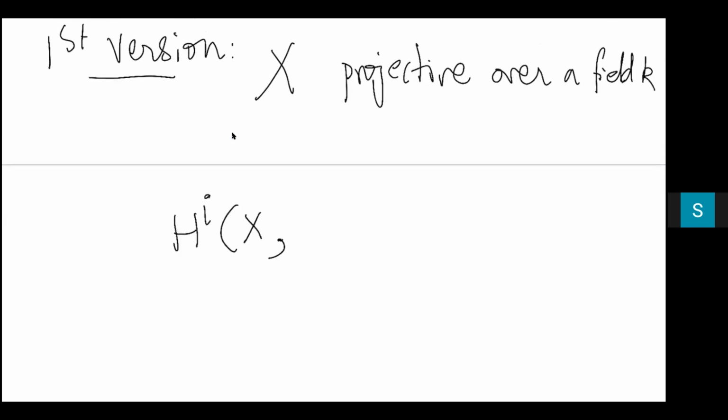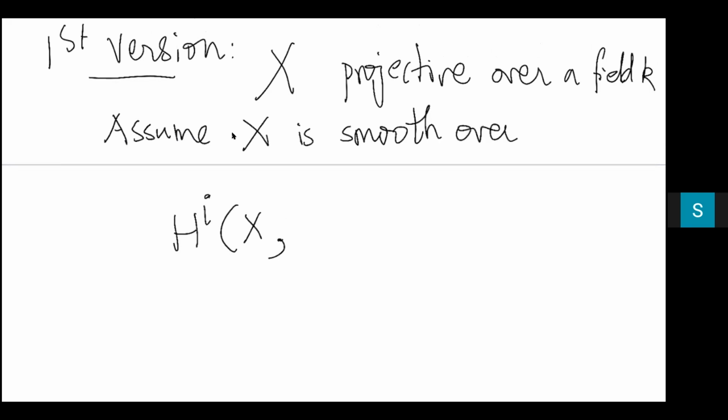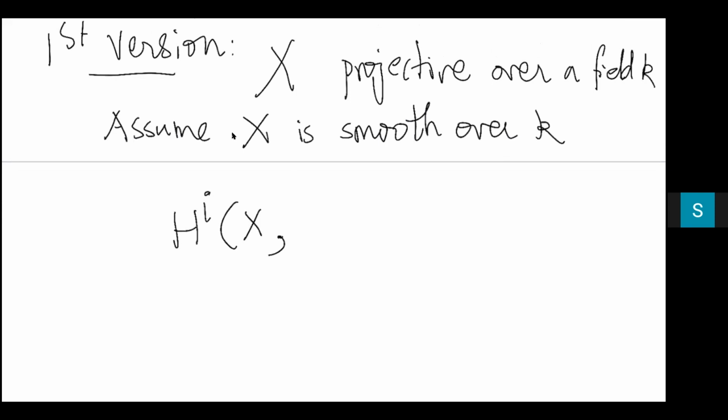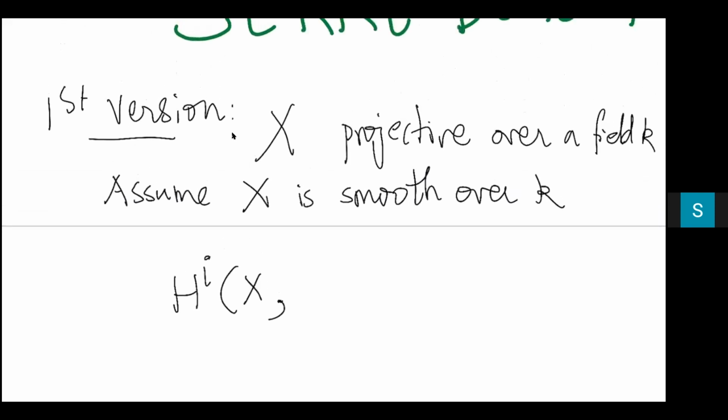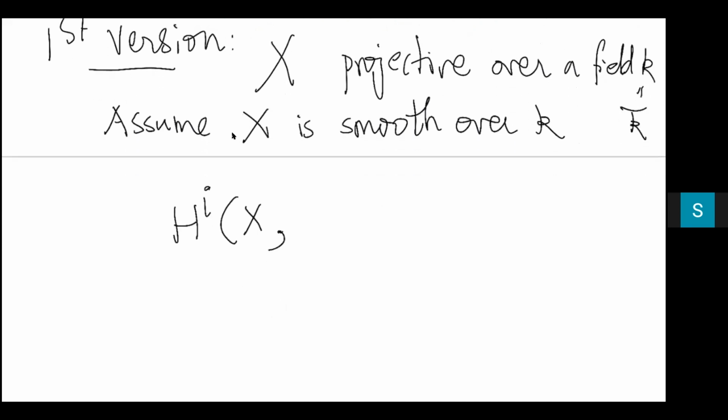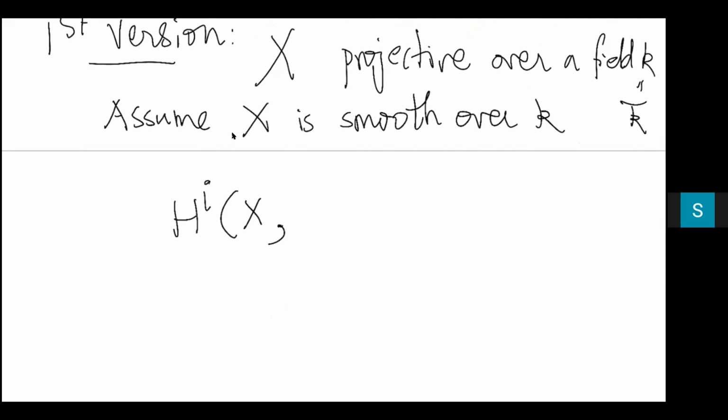Assume X is smooth over K. On smoothness, one has to be a bit careful if K is not algebraically closed. So right now, let me just assume K is K bar, but in fact, I'm not going to elaborate more about smoothness later on, but still, just to be complete for this lecture, let's assume K is algebraically closed.